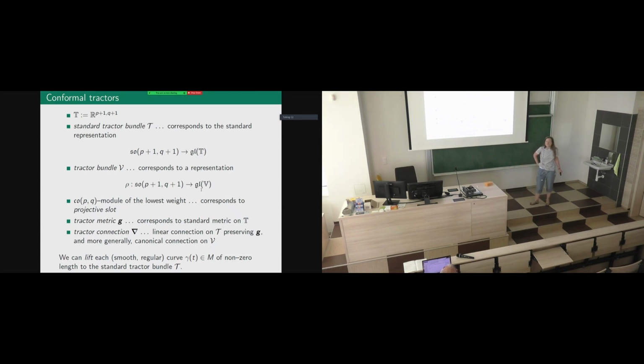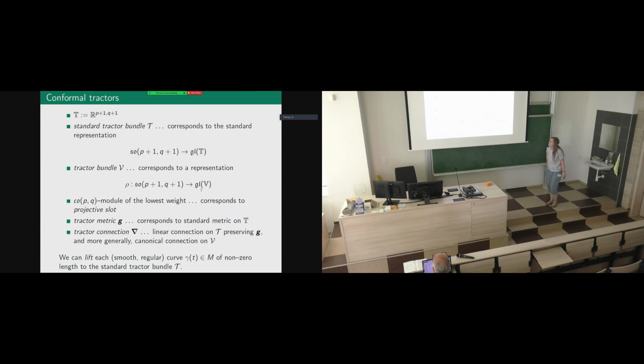I don't need any special details on notation, but I should point out that in my language, this module of the lowest weight is what corresponds to the projective slot. Clearly, I have a tractor metric g that corresponds to the standard metric on T, and a tractor connection, which is just a linear connection on T preserving g. More generally, I have such a canonical tractor connection on arbitrary V.